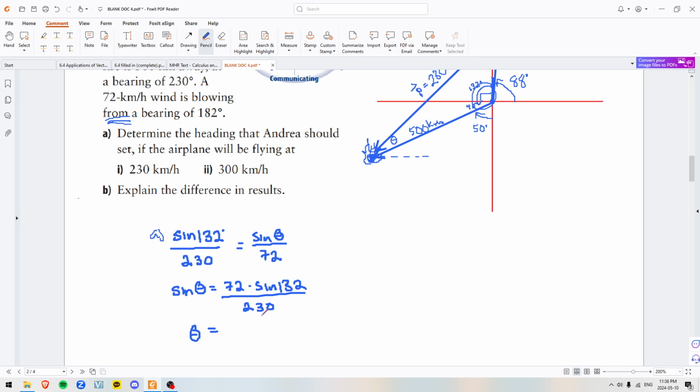Inverse sine that, and the angle becomes, I'm going to round, 13.5 degrees. Okay, that means angle alpha is the total interior angle of a triangle, 180, minus 132 degrees minus 13.5 degrees.